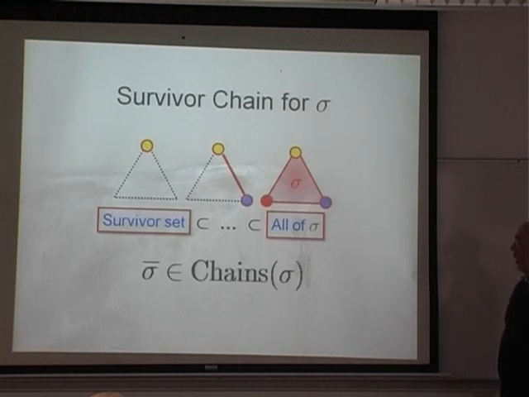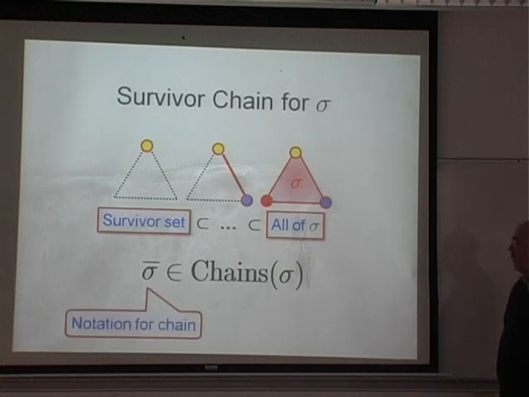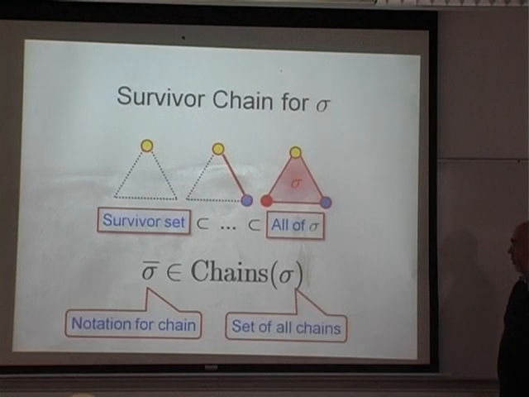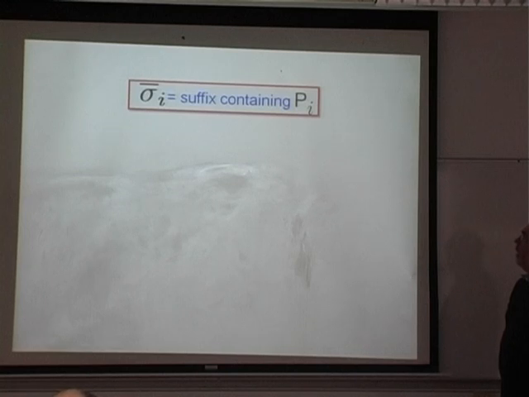And so we'll say all the survivor sets of sigma will be denoted by sigma with a bar over it, just because it looks kind of cool. So that's a notation for this chain, this sequence of faces ordered by inclusion. And we'll call chains of sigma the set of all chains. We use subscript i to say, look at the suffix of the chain that contains pi.